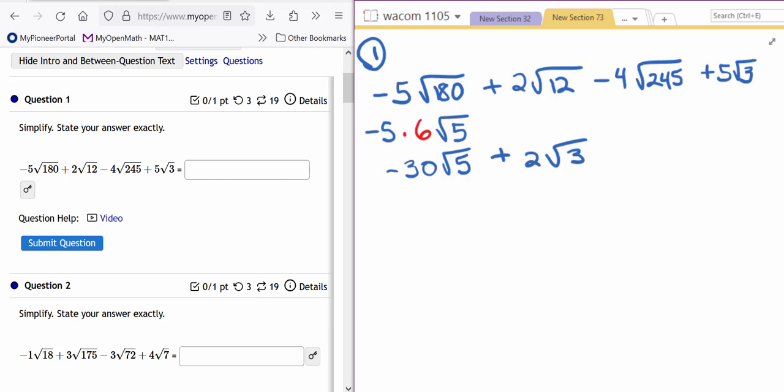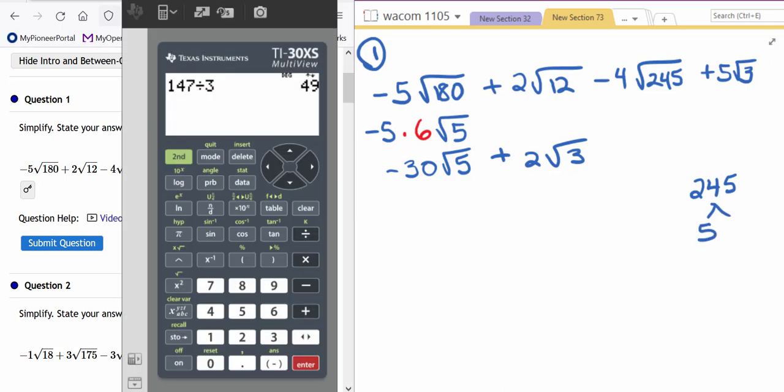All right, 245. Now, to help you start breaking this one down, it ends in a 5, so you know there's a 5 in there. All right, and I'm going to get a calculator to help me. So, 245 divided by 5 gives me 49. So, it seemed horrible, but it really wasn't so bad. There's your square right there.